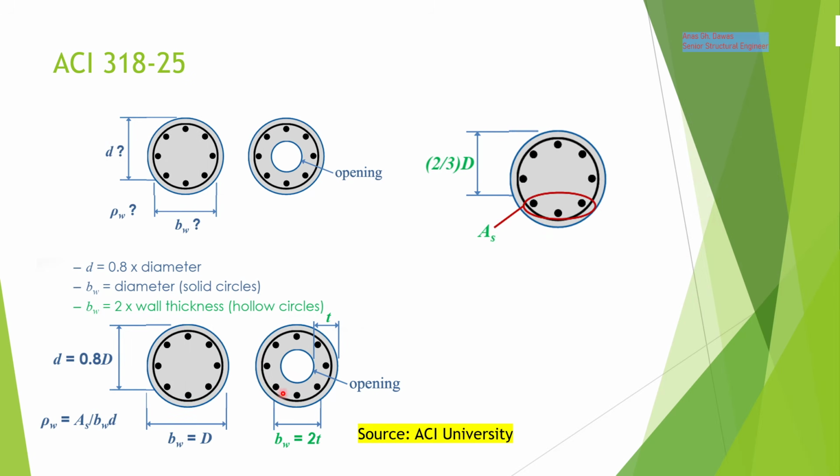This is shown here. As you can see, b sub w equal to double the thickness of the hollow section. Here, b sub w equal to the diameter. Effective depth of a circular section will be 0.8 of the total depth, and so on. This is what I need to discuss here.